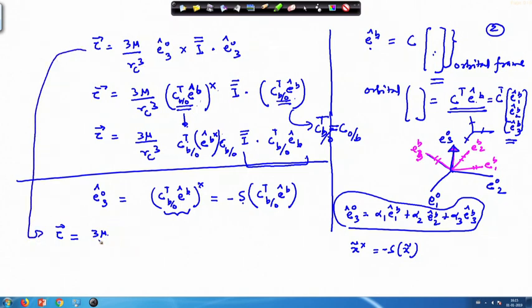this is 3 mu by R C cube, and this part can be broken like S times C transpose B slash O. See, there is a minus sign here in this place.